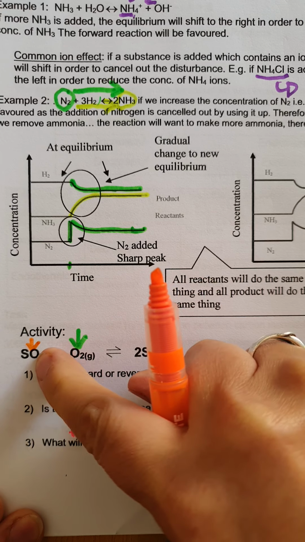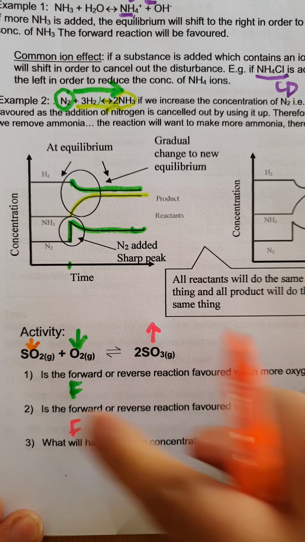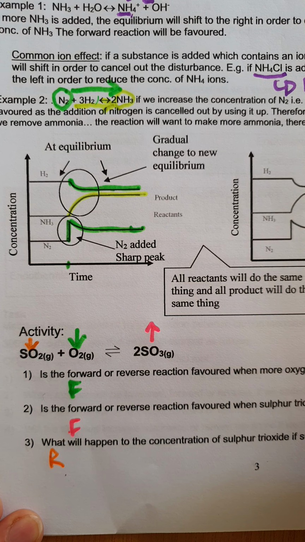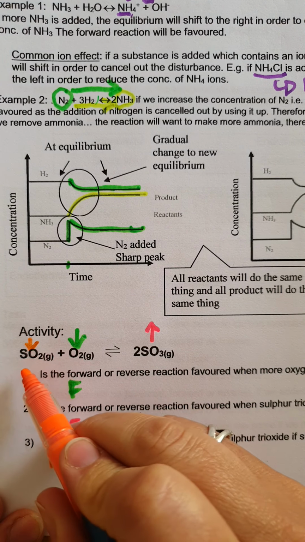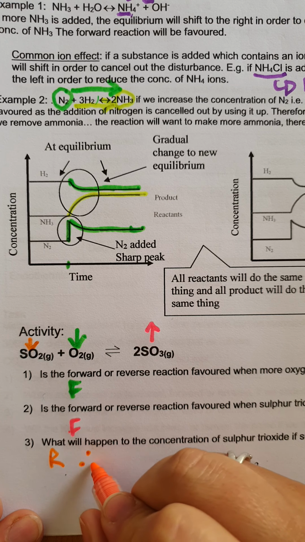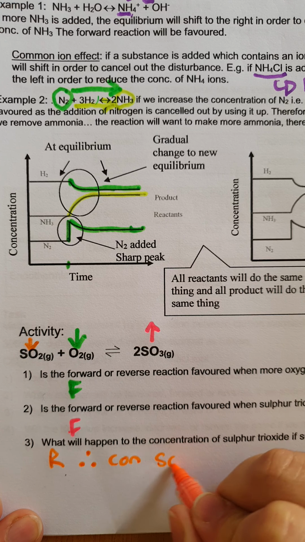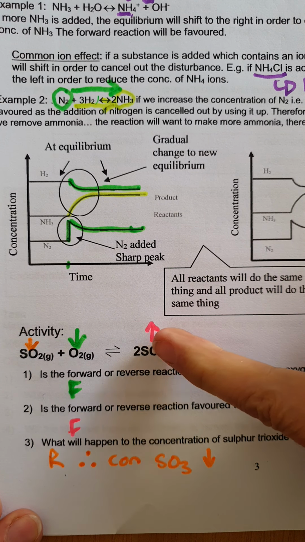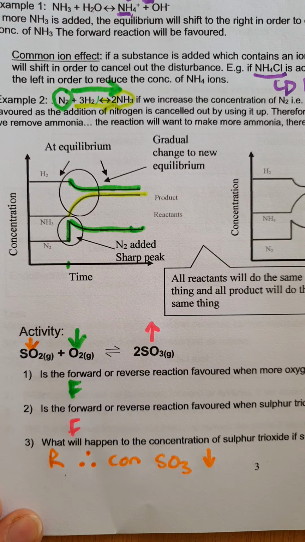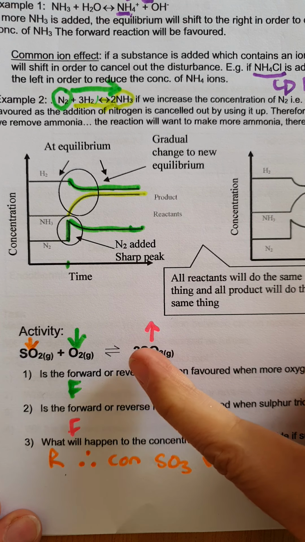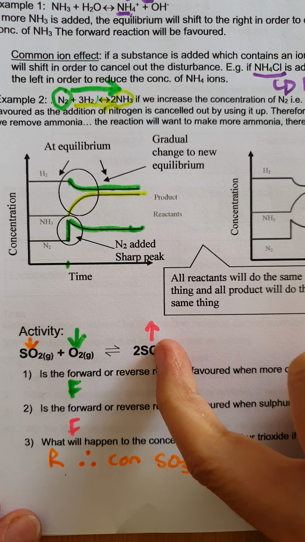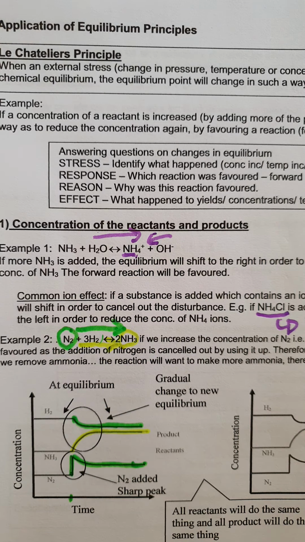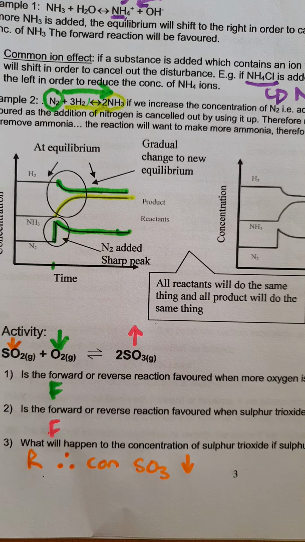So if we remove that, the reverse reaction is going to be favored because you want to make more SO2, and therefore the concentration of SO3 decreases because you're going to have to use up some of that to make that. Please remember, I know I seem to be giving you a lot of reactions with only one product. Remember, this one has two products, but it will work for all your products and reactants.